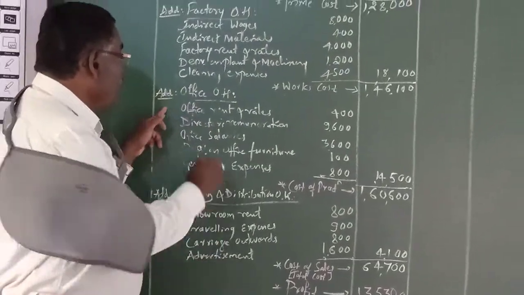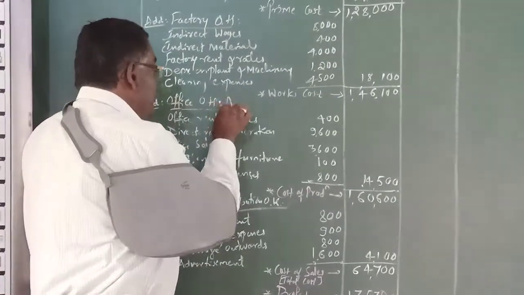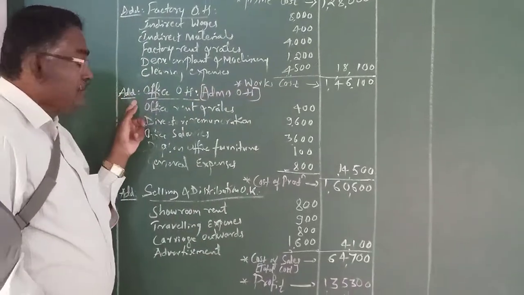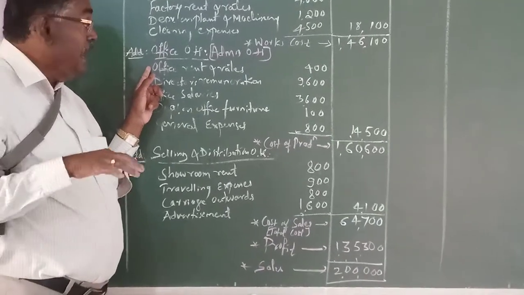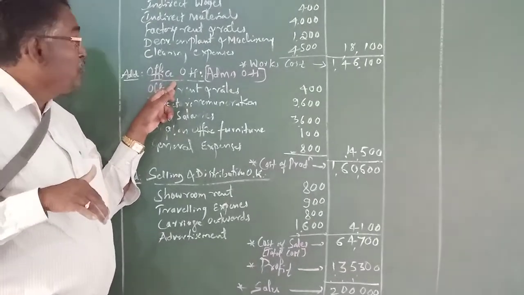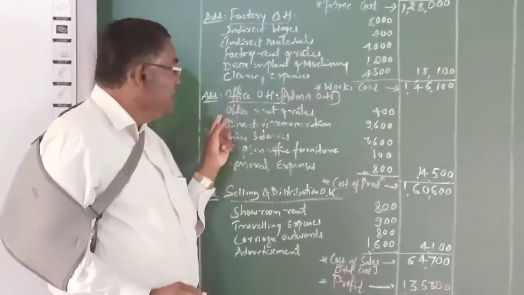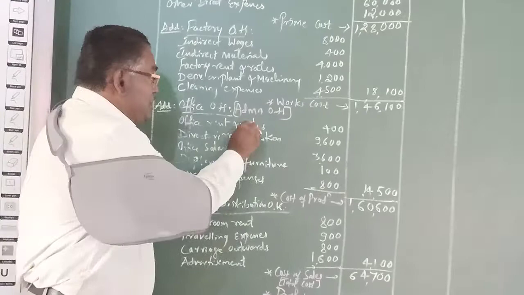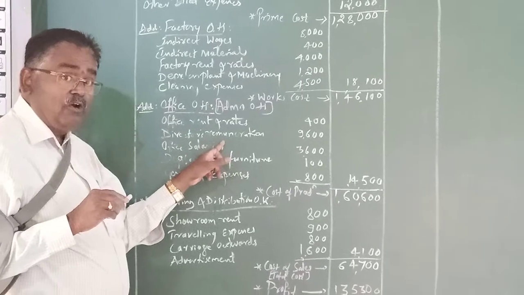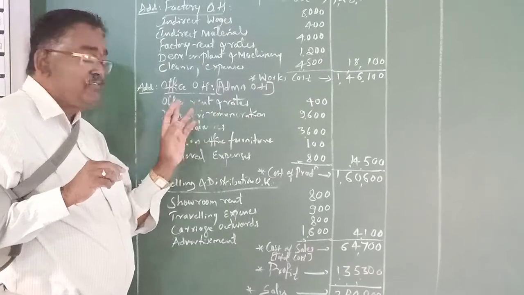add office overhead, or administrative overhead; both are the same. Any expenses incurred for administrative or office purposes are taken under this head, office and administrative overhead. Usually the office rent and rates, rupees 400, are taken under this. Directors' remuneration or any other remuneration given to the board of directors is also taken here.